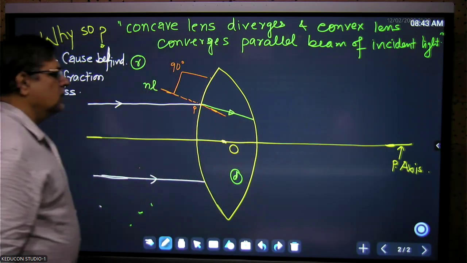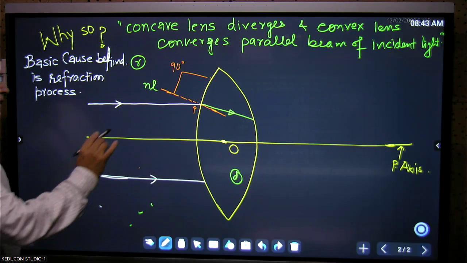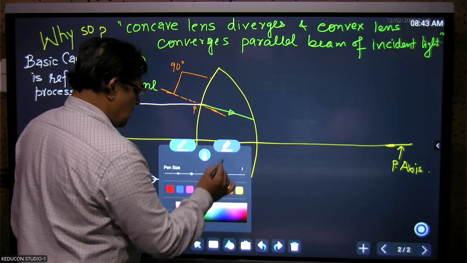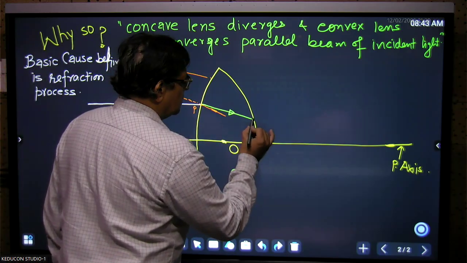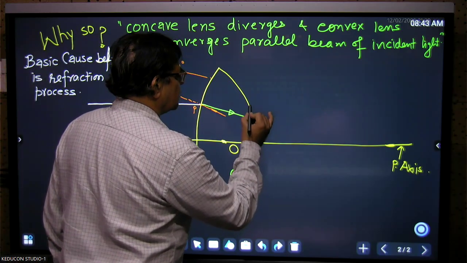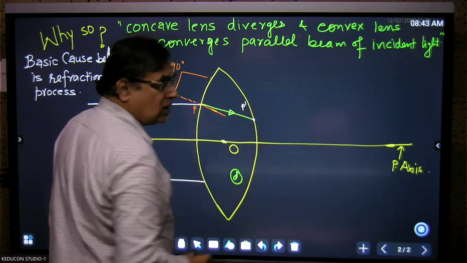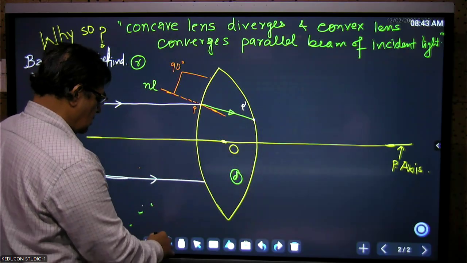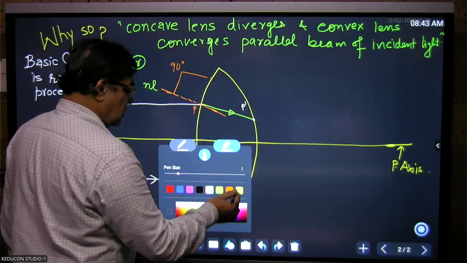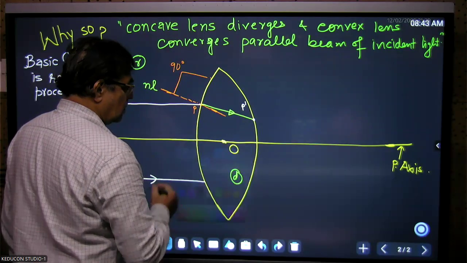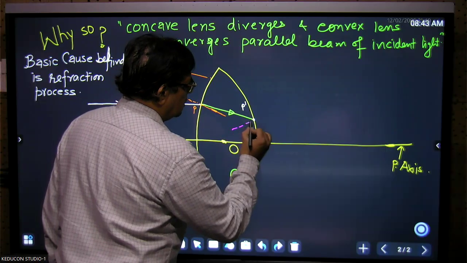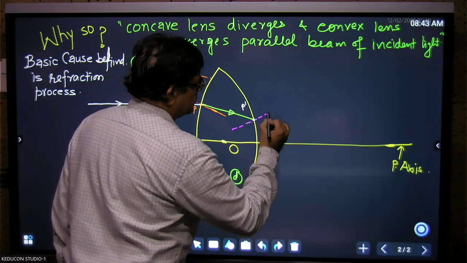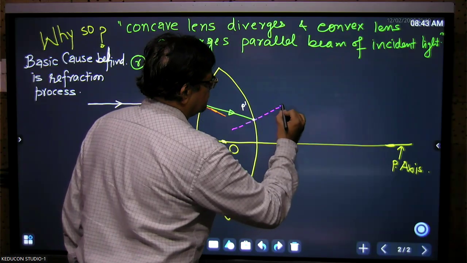Okay. So one refraction has taken place at the point of incidence P. Now let's talk about another point P dash. Here another refraction takes place. How? Let me draw another perpendicular, shown in the dotted magenta color.